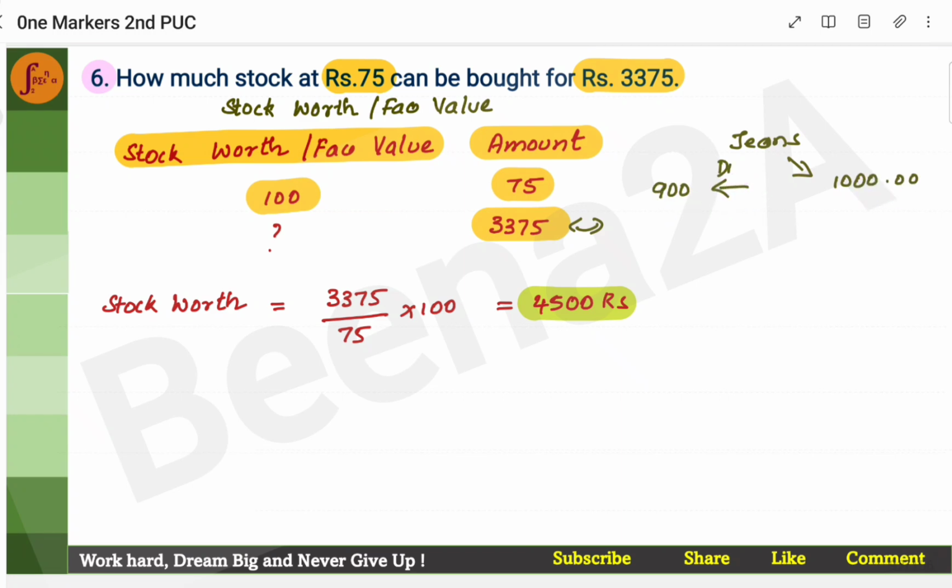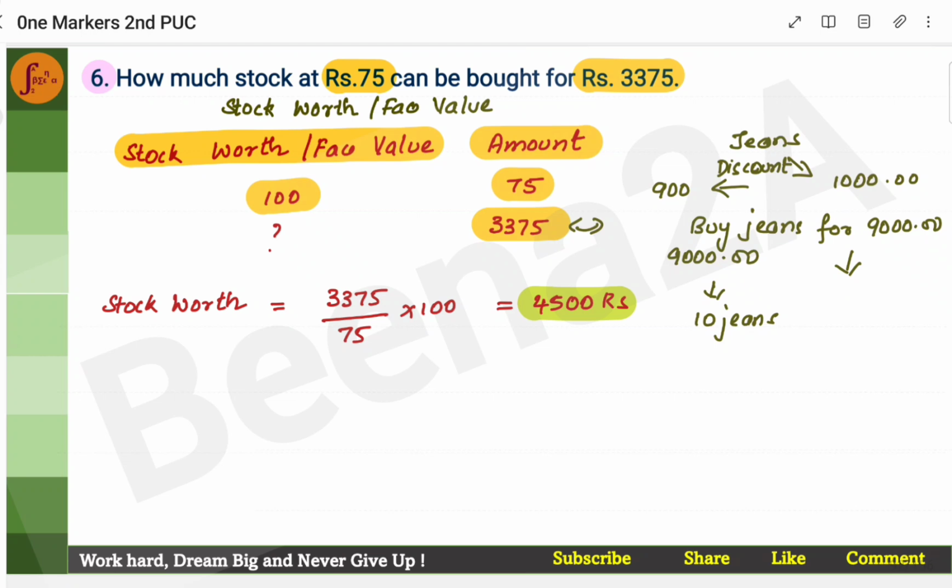You are getting a discount. Now I have 9,000 rupees. Say I buy jeans for 9,000 rupees. Cost of each jeans is 900. So basically I can buy 10 jeans for 9,000 rupees.